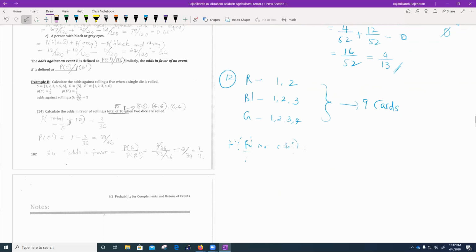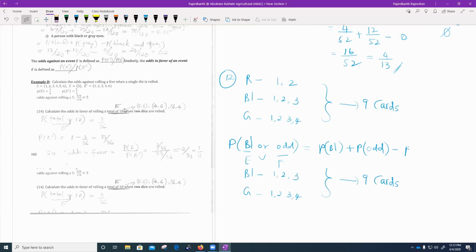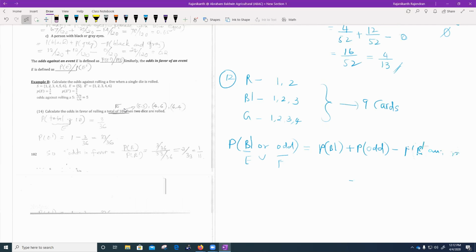So this is my event E, union, this is my event F. If you use the formula, P of E union F is P of E, that is the probability of getting blue, plus the probability of getting event F, which is getting an odd number, then subtracting the probability of blue and odd, satisfying these two. Okay, what's the probability of getting blue?